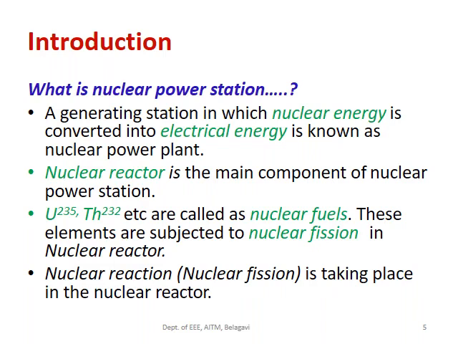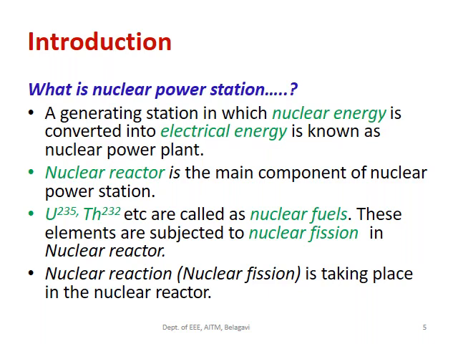Now let us see what a nuclear power station is. It is a generating station in which nuclear energy is converted into electrical energy, known as a nuclear power station. In a nuclear power station, heavy elements such as uranium-235 or thorium-232 are subjected to nuclear fission in a special apparatus known as a reactor.